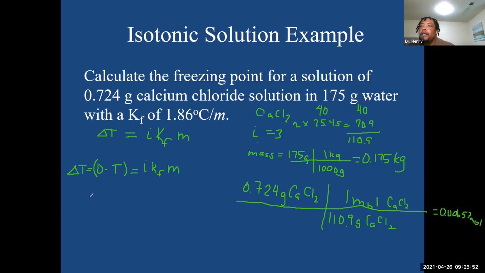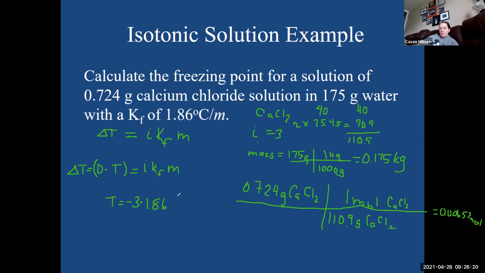Okay, so then we're going to 3 times our Kf, which is 1.86. Where's the negative coming from? Because we subtract 0 minus that temperature.